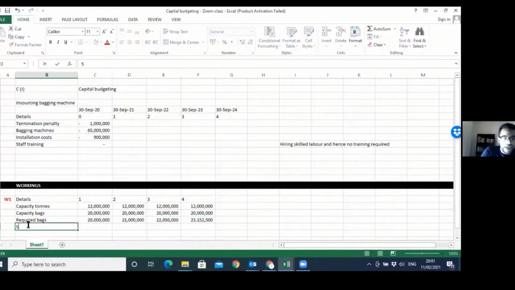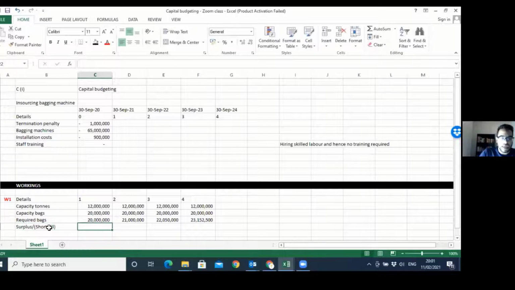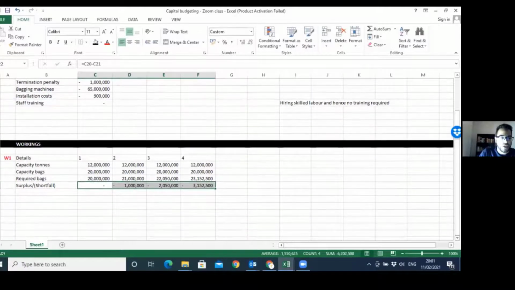So I'll have either a surplus or I would have a shortfall. In the event that I have a shortfall, I would then have to outsource the shortfall to BFA at a cost of 375 per bag. So now I'm going to say available capacity minus required, nothing in year 1, and there is a shortfall in year 2 onwards, so I need to work that out.